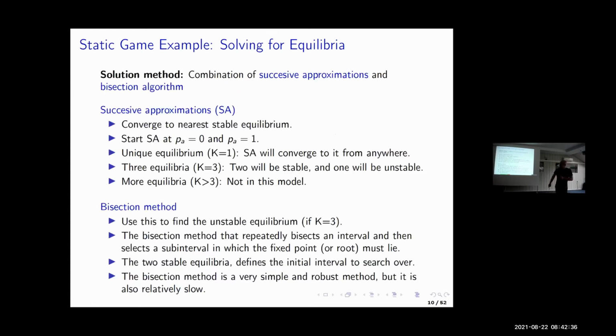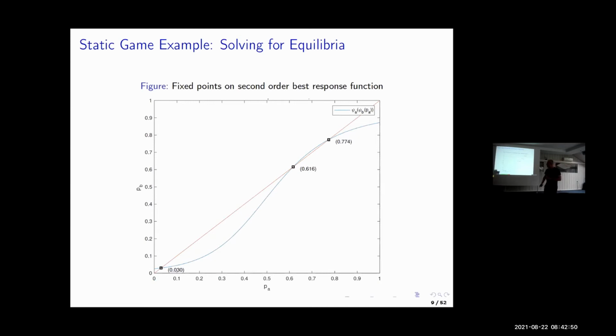In this very simple example, it's easy to devise an algorithm to do that. You could do some combination of successive approximation and bisection. I'm not going to go through all the details here, but really what you could do is start here. We know the 3 equilibria, so you can start here and find that one, and start here and that will give you that one, and then with 2 endpoints you could do bisection.